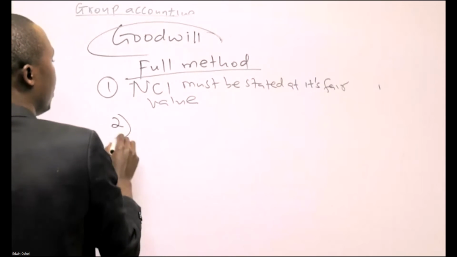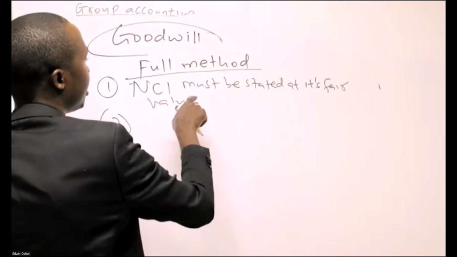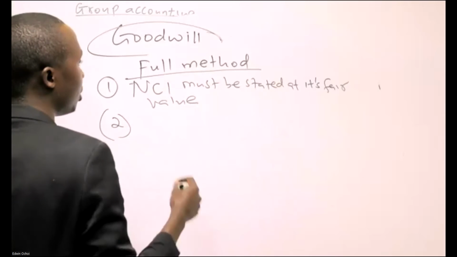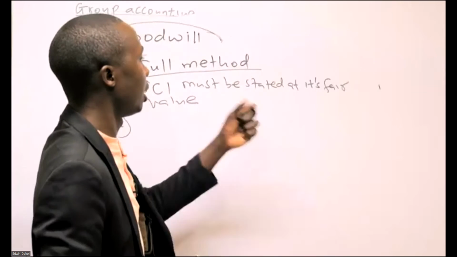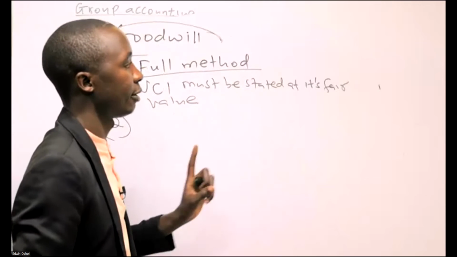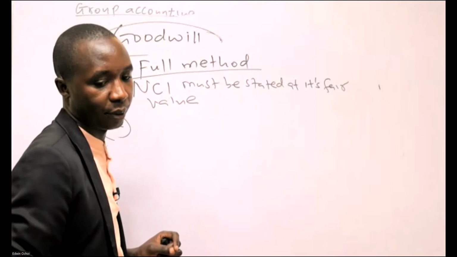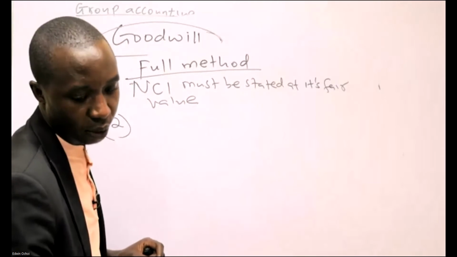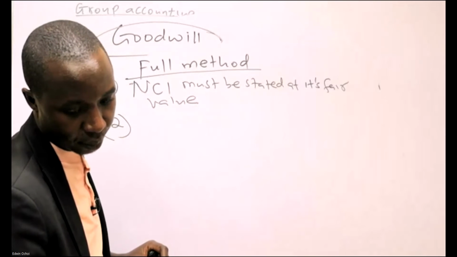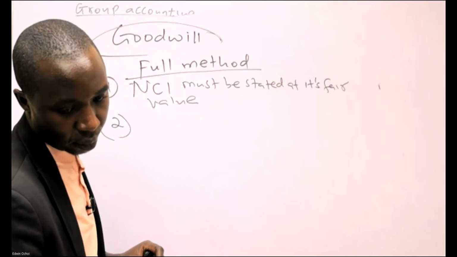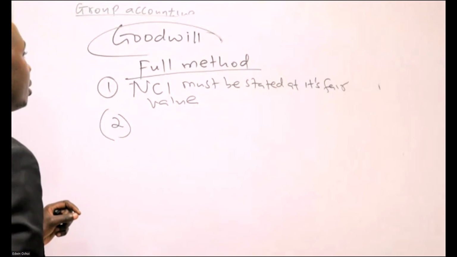Number two, if you don't have the fair value of the NCI directly, you can be given information which will aid in the determination of that fair value. Which information can be provided?